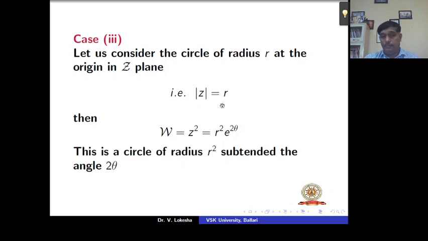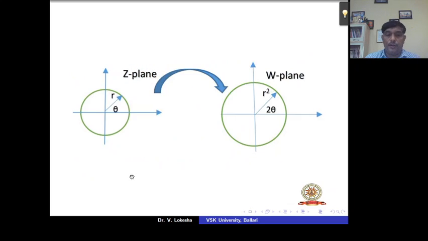That means theta becomes 2 theta and the radius r becomes r square in the w plane. The circle becomes a bigger circle in the transformation.